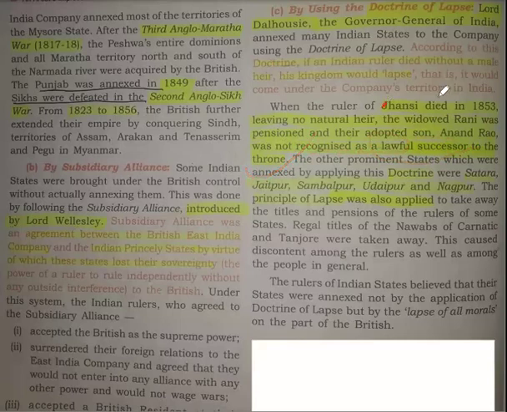So basically, the ruler of Jhansi, who died in 1853, had no heir. The widowed Rani was pensioned, and their adopted son, Anand Rao, was not recognized as a successor to the throne because he was adopted.